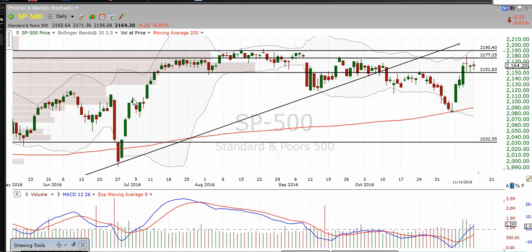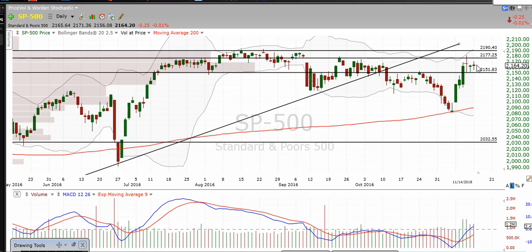We also have some more similar action because after those 3 days, there was about 4 days of sideways consolidation, okay? Right now we have 1, 2, 3 days of consolidation. So tomorrow could be another day of consolidation, but it doesn't really matter the amount of days here.